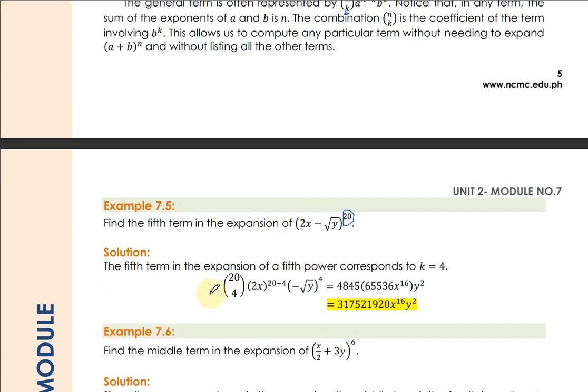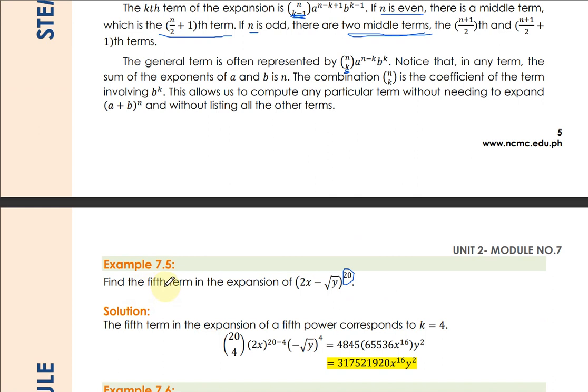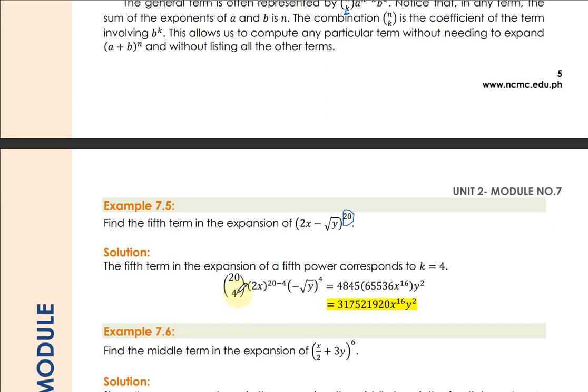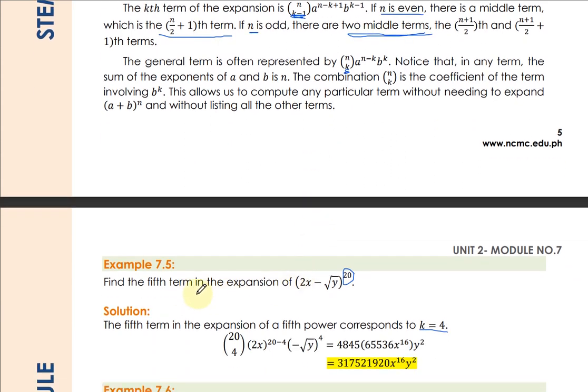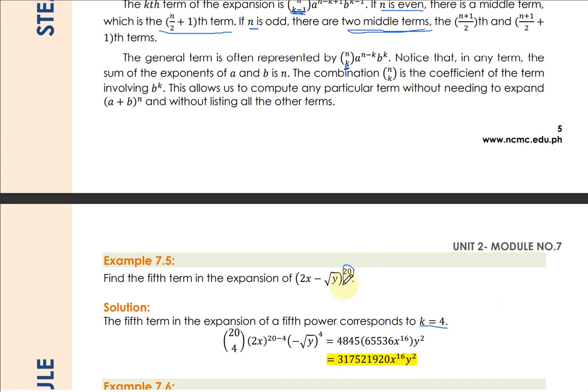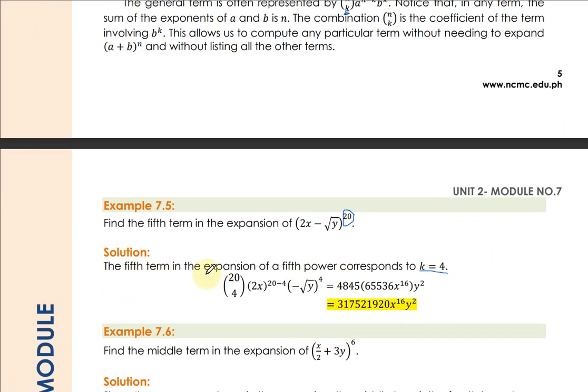So if you are going to find the fifth term, our k is equal to 4. You subtract 1 because if n is 20, there are 21 terms. So the fifth term in the expansion corresponds to k equal to 4.